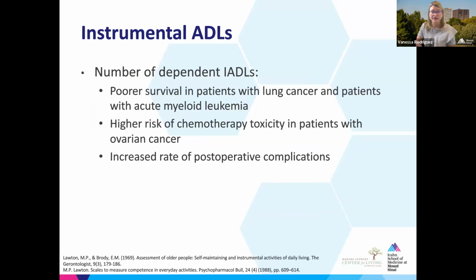For persons who are really dependent on instrumental activities of daily living, research says that they could have poor survival. For example, there is research done in lung cancer patients that has shown this. Similarly, it can predict an increased rate of postoperative complications. The more dependent they are, the more likely that they could have postoperative complications.